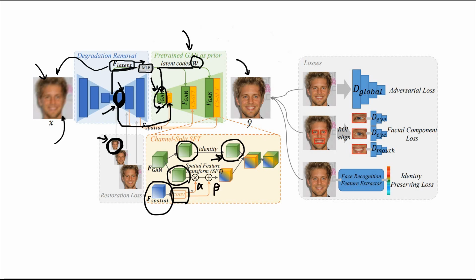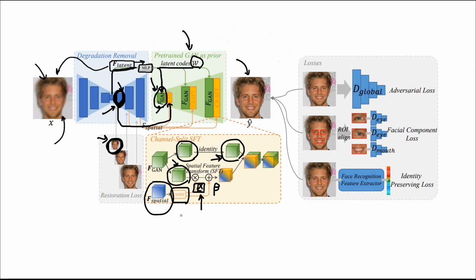We will do something called modulation. Firstly, this alpha here is just a vector. The number of values inside this vector will be equal to the number of channels in this feature map. So we will multiply each feature map with a specific scalar value inside this alpha vector.